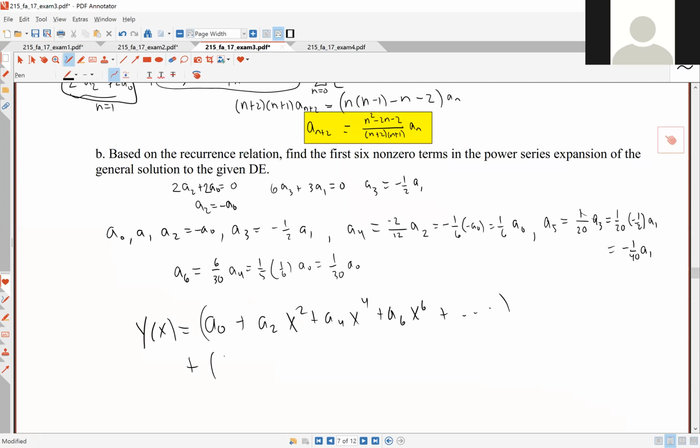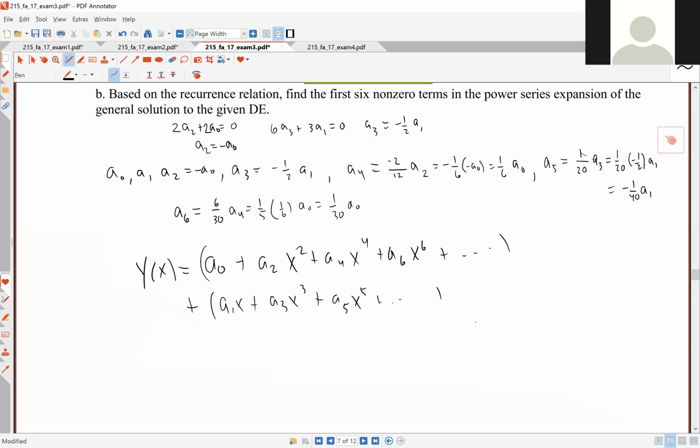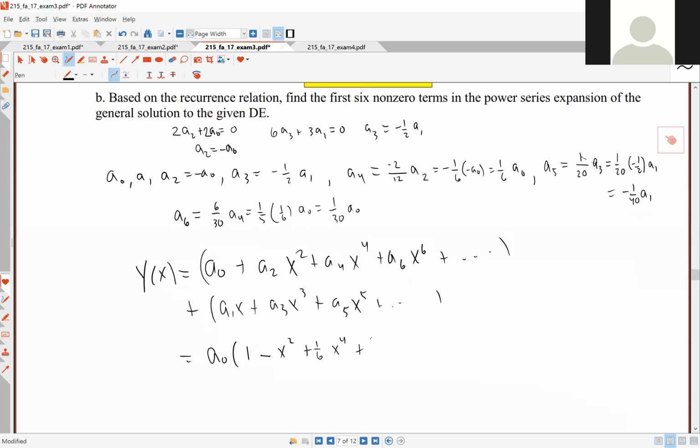And then we're going to have a1 x plus a3 x cubed plus a5 x to the fifth. And so then the first piece, the a0 is going to factor out, and we'll have a 1. a2 is negative a0, a4 is 1/6, and a6 is 1/30.